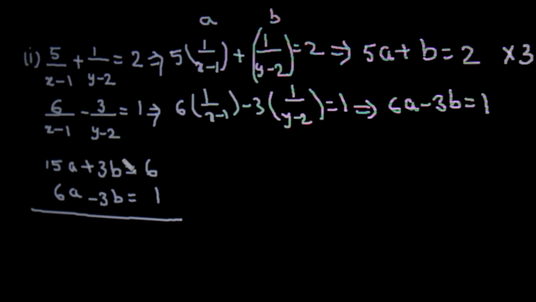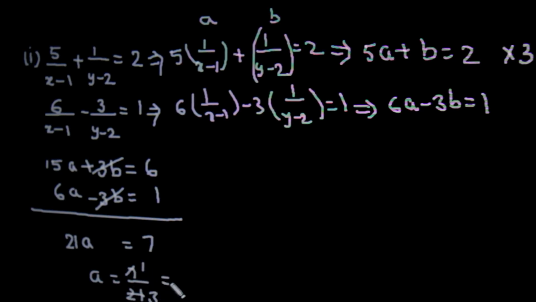Then plus 3b minus 3b get cancelled. 15a plus 6a is 21a is equal to 6 plus 1, 7. Then a is equal to 7 by 21. 21 divided by 7: 7 ones are 7, 7 threes are 21. That is 1 by 3.